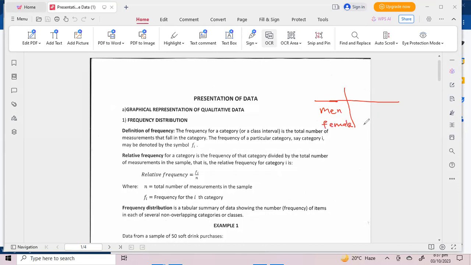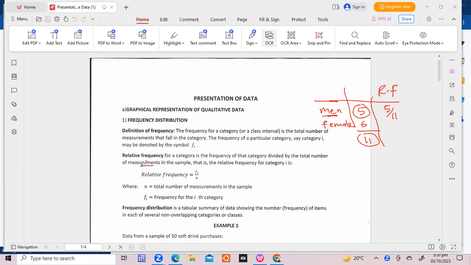If we say men there are 5, then female there are 6, then the total is 11. So if we talk of relative frequency, it is simply the number of people in that group over the total number. So the relative frequency will be 5 over 11. So that's the practical aspect.